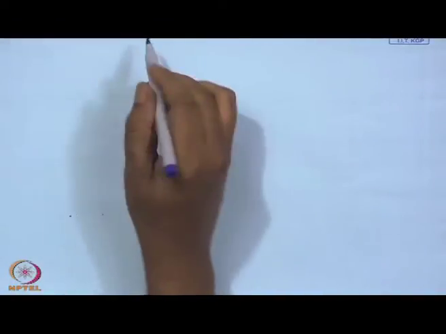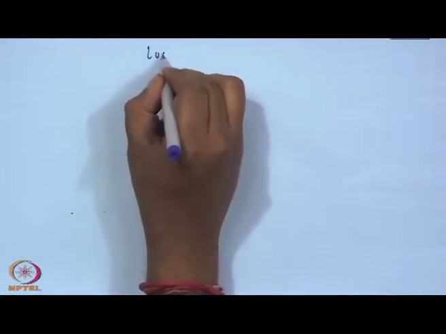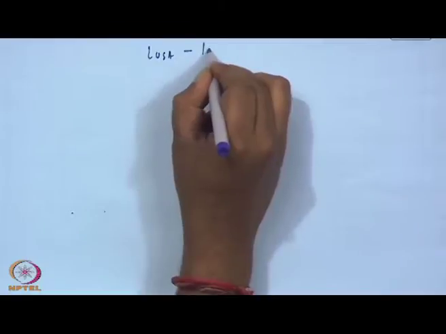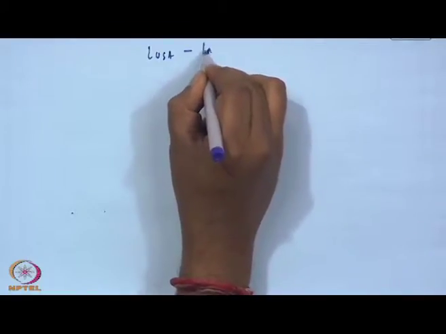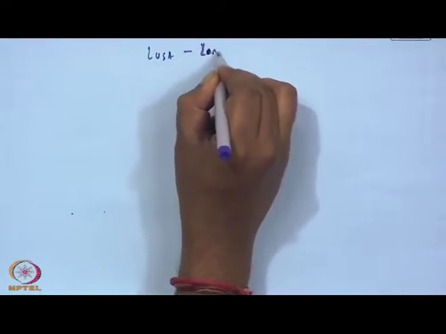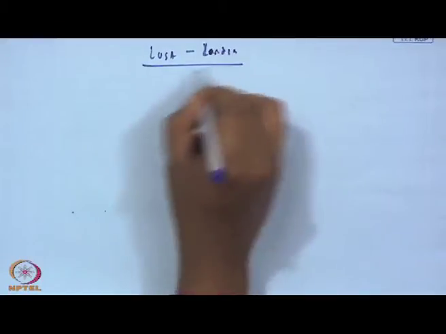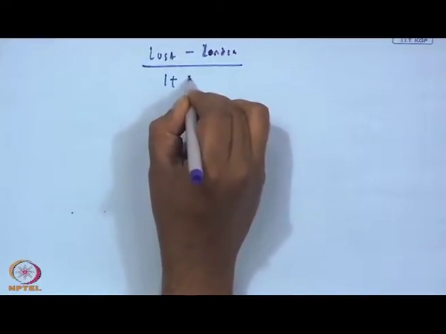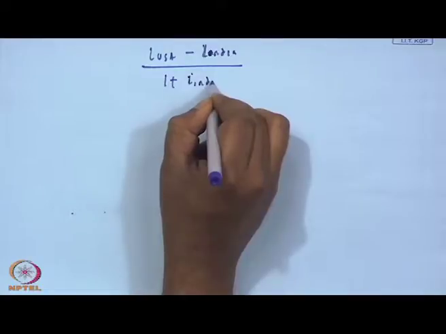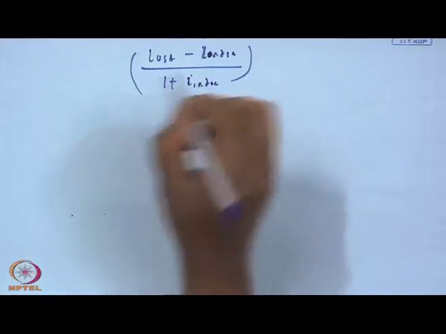Now, if you want to estimate this further, what is the formula for us? Here, US interest rate minus India interest rate, divided by 1 plus India interest rate, this is our percentage change.